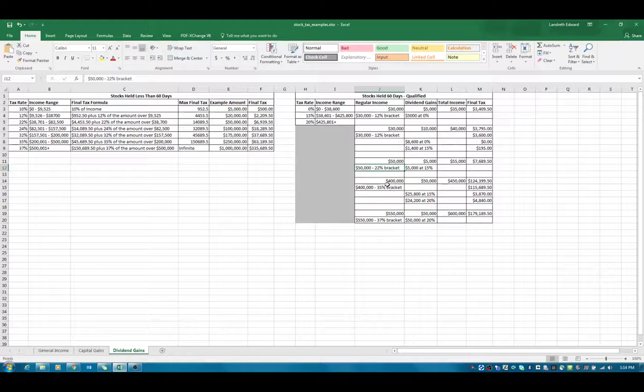That's taxed at 22%. And now since we're at 50,000, then the next 5,000 that we have from the dividends goes into the 15% range because we're starting that 5,000 within this range, so it's all at the 15%.